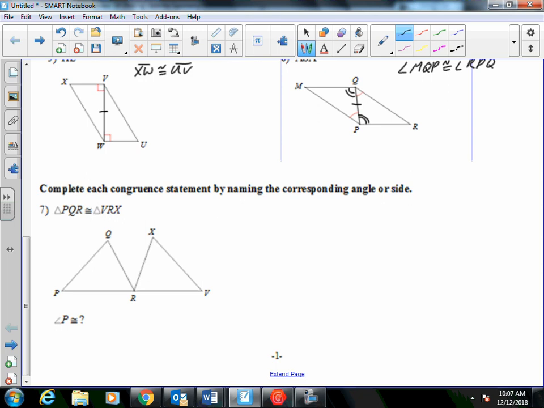So by that, angle P matches up with angle V. Angle Q matches up with angle R. And angle R on the other triangle matches up with angle X. So then down here it says angle P is congruent to, so angle P is here, and it matches up with angle V. And we get that just by following the order of the letters here.